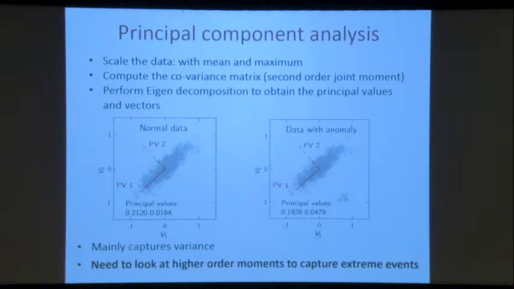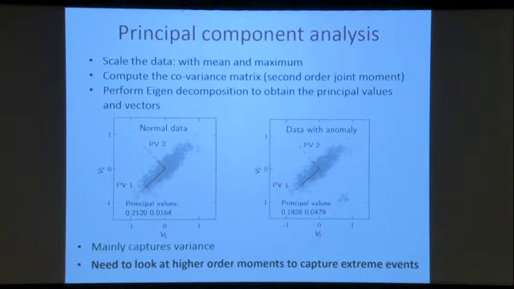And so with PCA analysis, the first step is typically to scale the data. So you want to subtract out the mean and then normalize, divide by the maximum values. And then typically you compute the covariance matrix based on the second order joint moment. And then you perform an eigen decomposition to get the values of the principal values and their vectors.